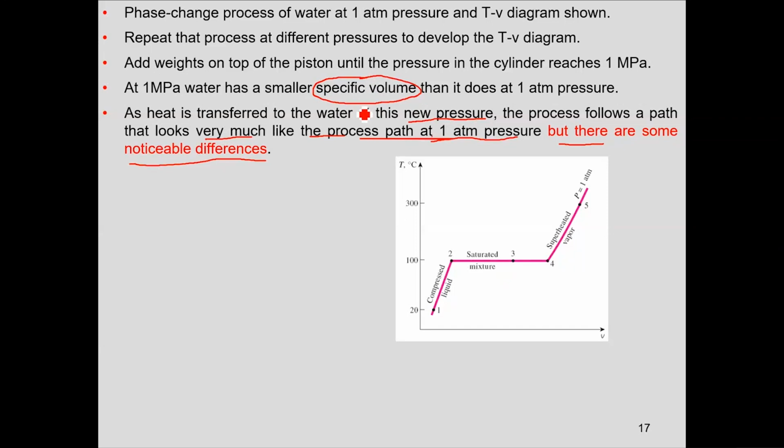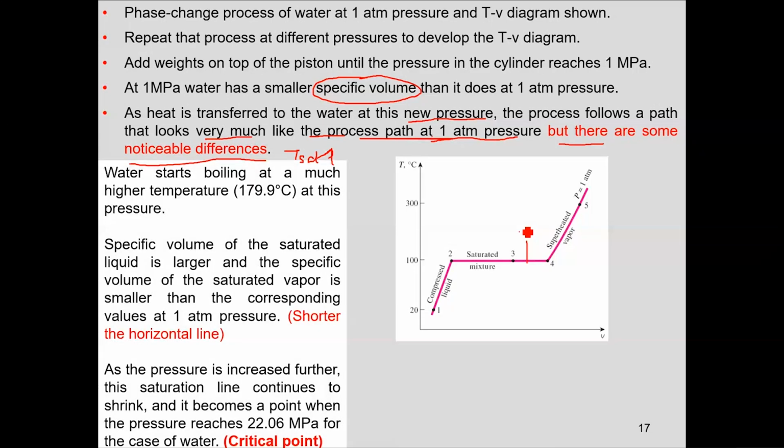The other is that the saturation temperature, T saturation, would be higher. That means this line would move upwards. Other differences: water starts boiling at a much higher temperature, which is 179.9 degrees centigrade.